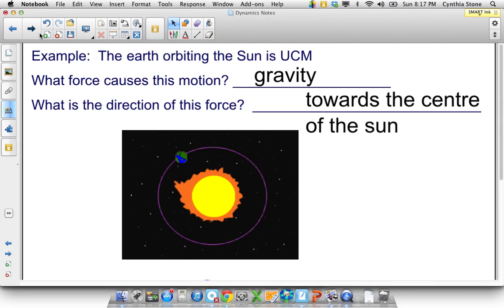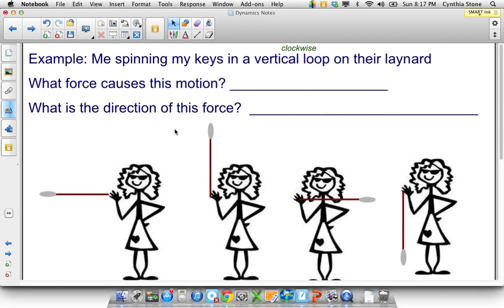Another example, this is me swirling my keys on my lanyard. Here's my husky lanyard and my keys at the end. And again, I spin them in a circle, okay? And imagine in this case I'm spinning them clockwise, so coming around, right, in this way. So what force causes them to move? Now, if you think about it, you might want to say, well, my hand or something like that, and that's true.